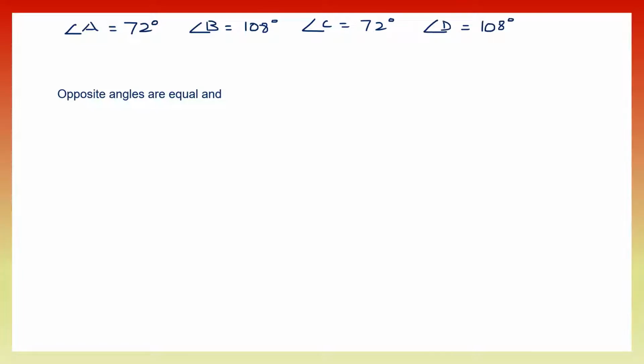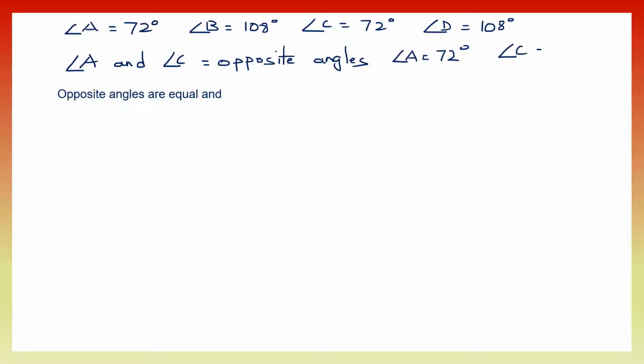Now opposite angles are equal in a parallelogram. So what are the opposite angles? Angles A and C. Angle A and angle C are opposite angles, and are they having the same value? As you can see, angle A is 72 degrees and angle C is also 72 degrees.